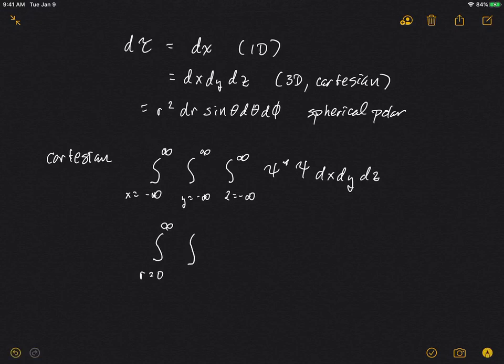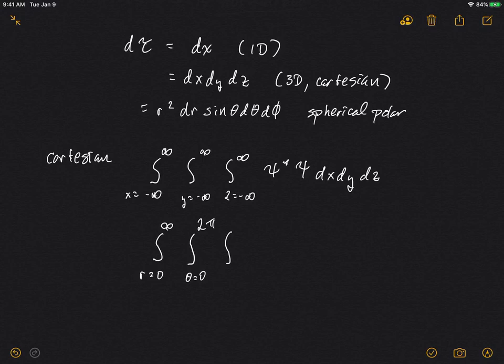And by the way, these are integral symbols. They're not just big lazy S's. So theta would go from 0 to 2 pi. And phi, there are different kinds of spherical polar coordinates, but one way to define it is that theta goes from 0 to 2 pi, and we'll see that later.